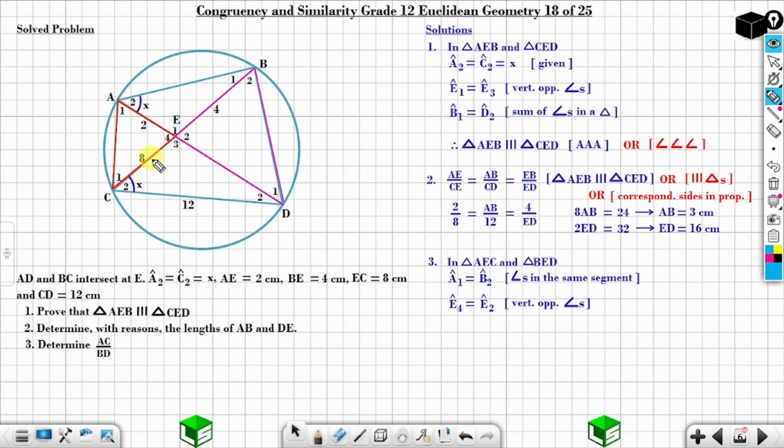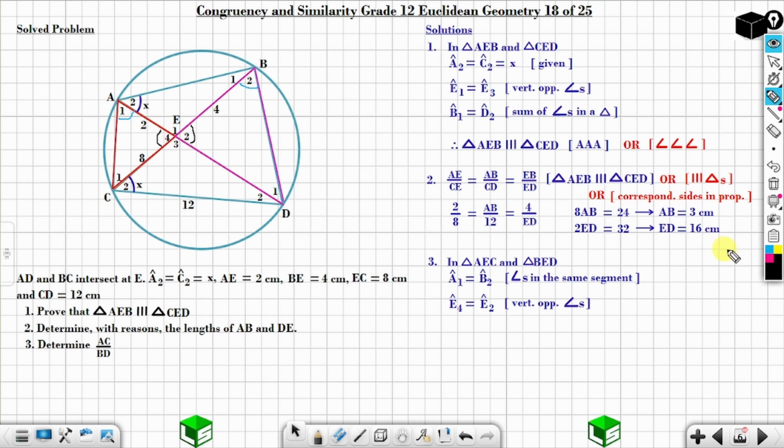We have proved A1 is equal to B2 and E4 is equal to E2.